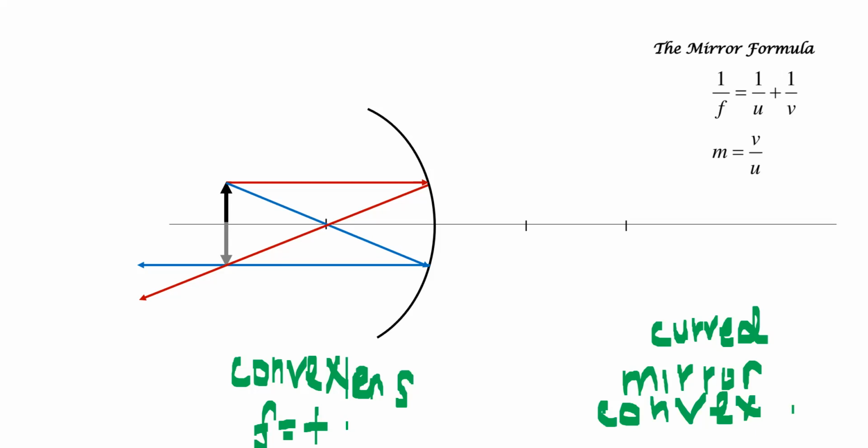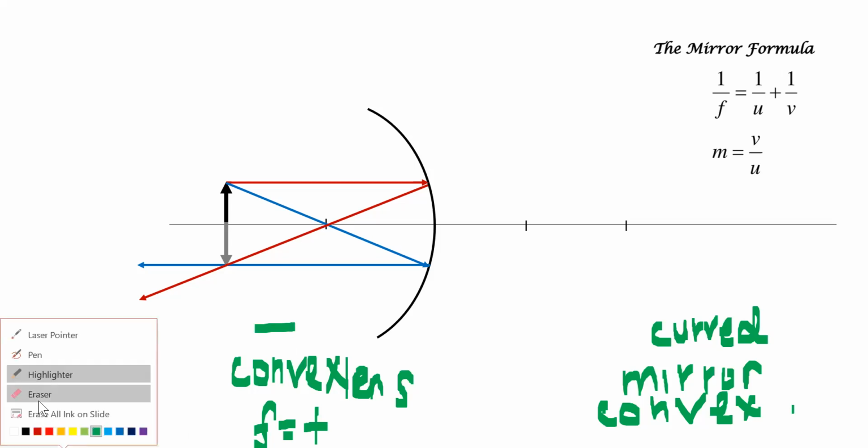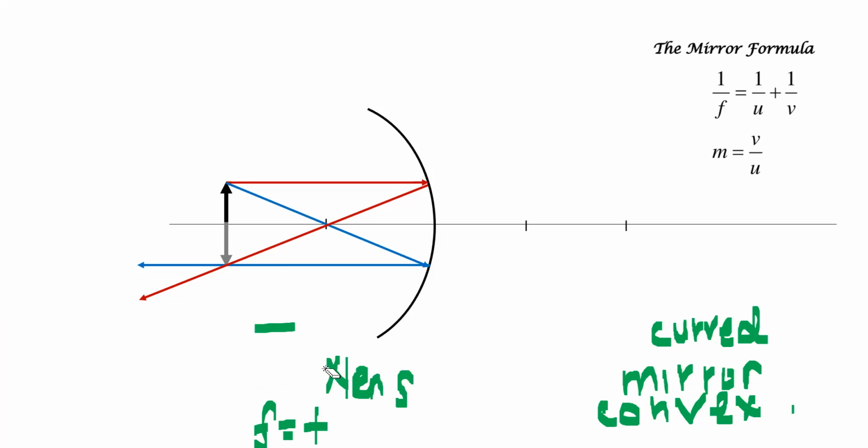Now, just now we learned that if the image is on the same place, your answer must be negative. That one is negative for lens. So if, let's erase this first. Let's put lens. So if the image is on same side, it is negative for lens, but positive for mirror.